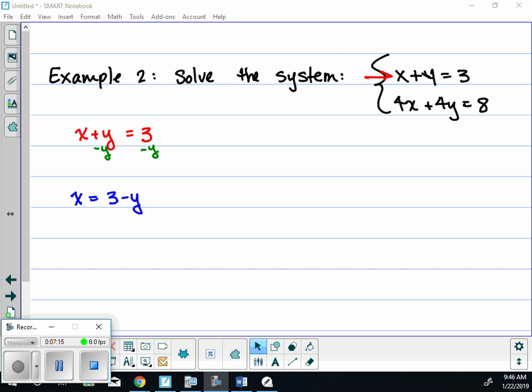So I have x by itself. In my second equation, I'm going to plug in what I got for x. So 4 times (3 minus y), plus 4y, and then I just copy the rest of the equation, equals 8. Then I have to do some solving. What's the first thing I have to do to solve this?